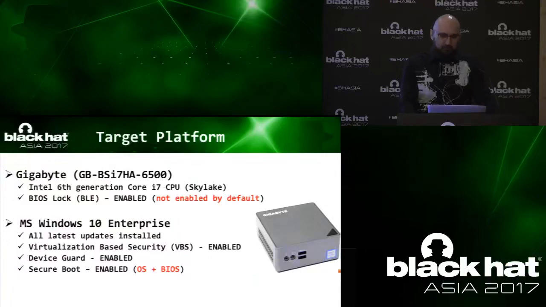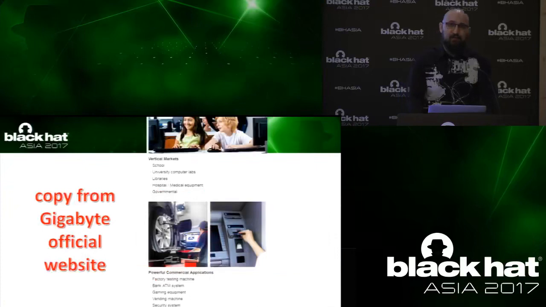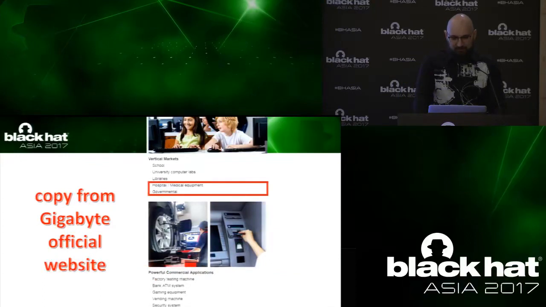What kind of hardware was affected? We used a pretty recent Gigabyte Brix platform, which they propose for enterprise, and they recommend using it in hospitals, government, factories, and bank ATMs.